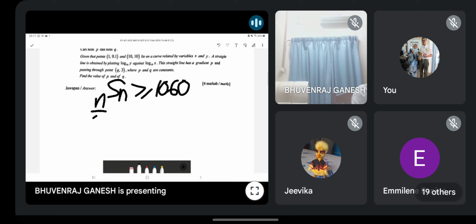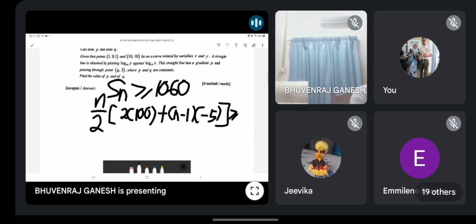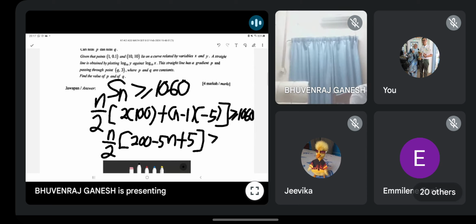So n over 2, we don't have the value of n, it's okay. 2 times 100, a is 100, plus n minus 1, d. d is negative 5. Greater than or equal to 1060. I want to find the number of terms first. You have to solve a quadratic. So n over 2, 200 minus 5n, and then plus 5, greater than or equal to 1060.